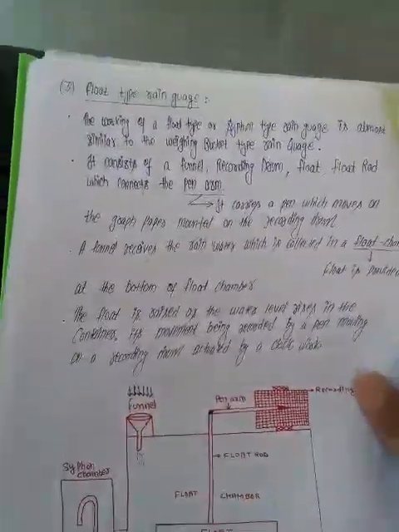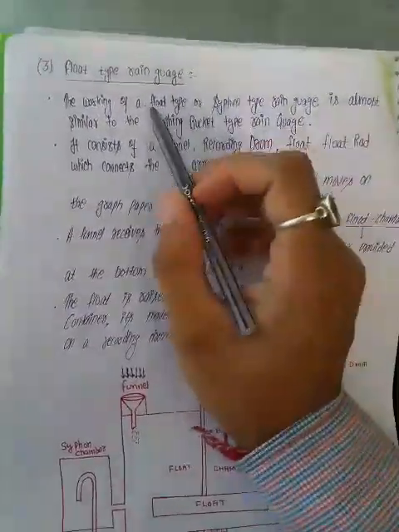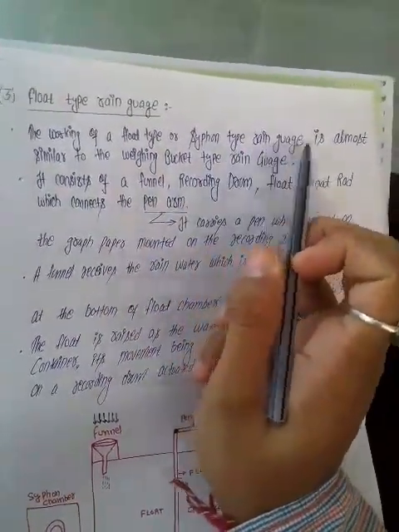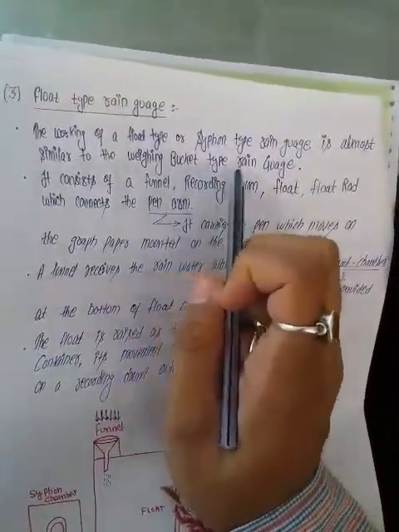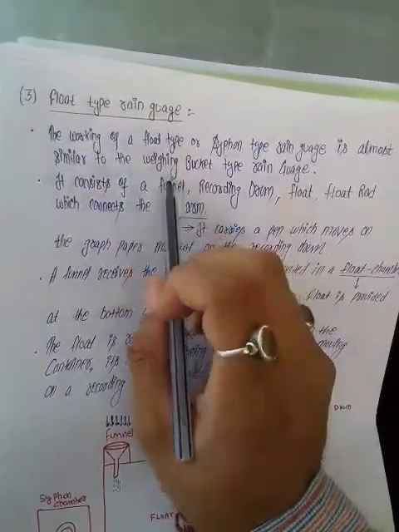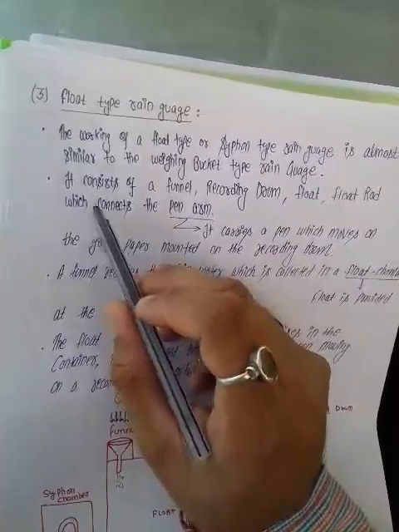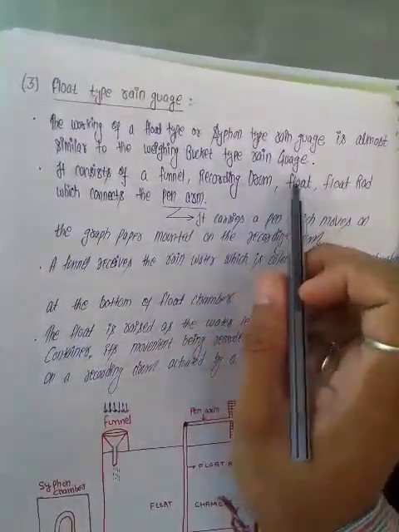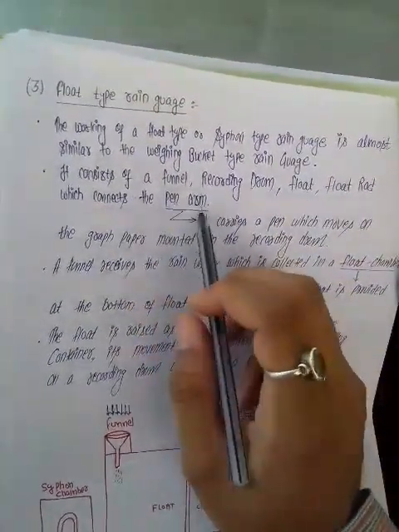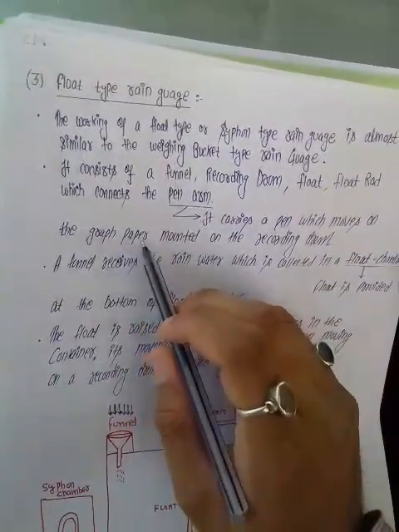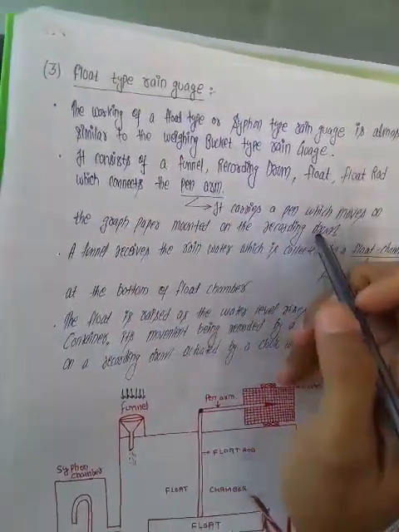We are discussing the float type recording rain gauge. The working of the float type or siphon type rain gauge is almost similar to the weighing bucket type of rain gauge. In its construction, it consists of a funnel, a recording drum, and a float rod which connects to the pen arm, and the pen arm carries a pen which moves on the graph paper mounted on the recording drum.